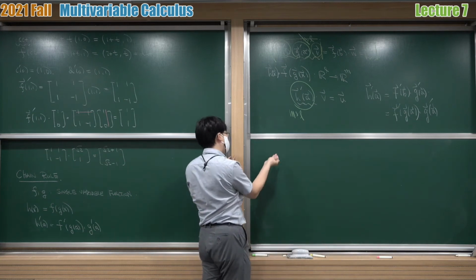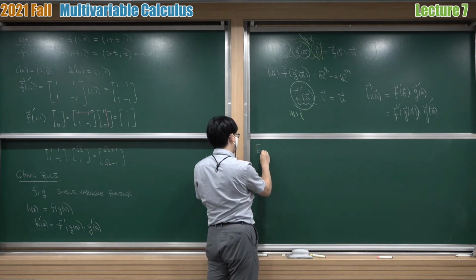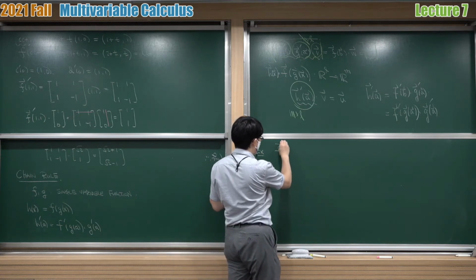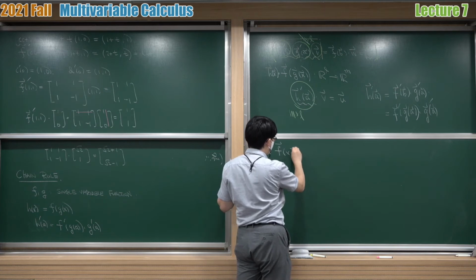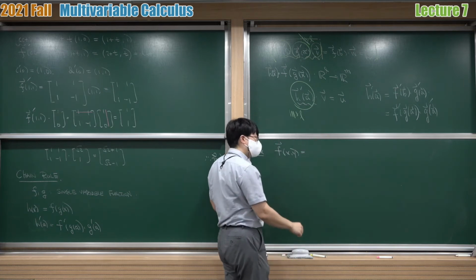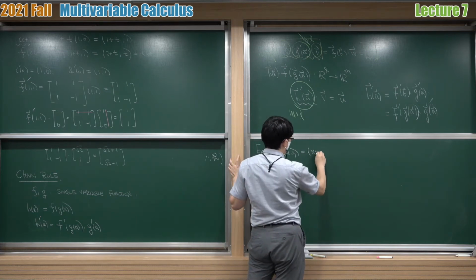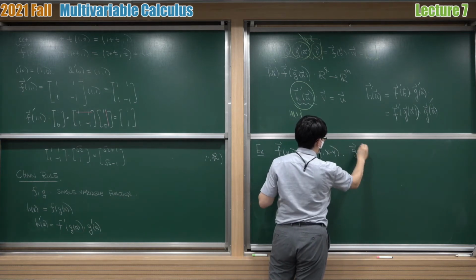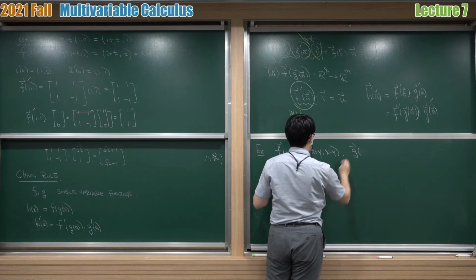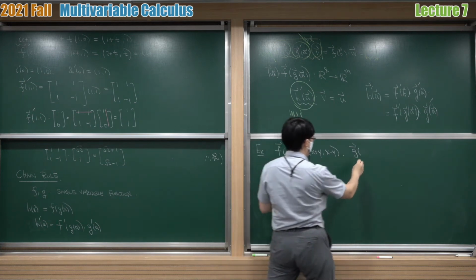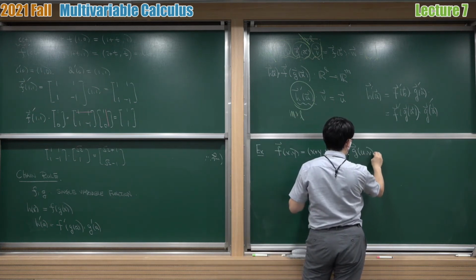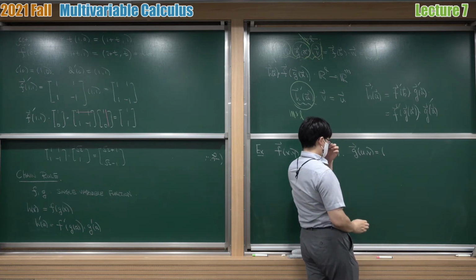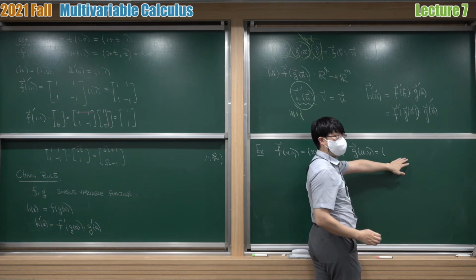Now, let's think about an example. The example is just to show you that the chain rule actually works. So I'm going to give you F, the same thing as before, and G, let's name any G here.